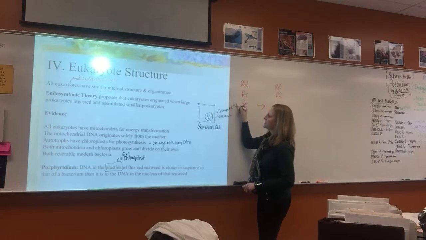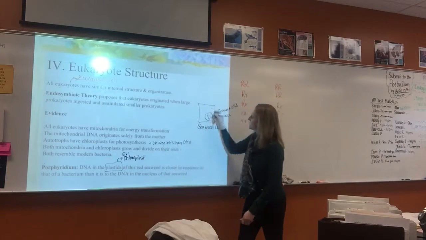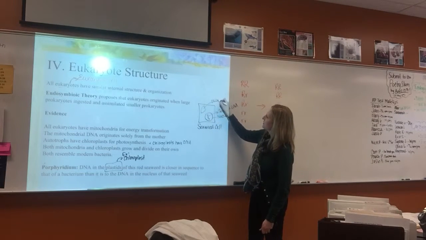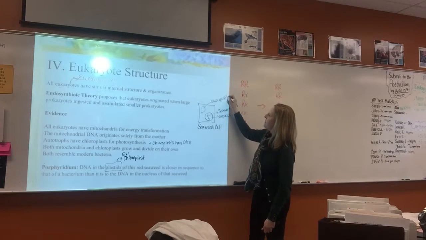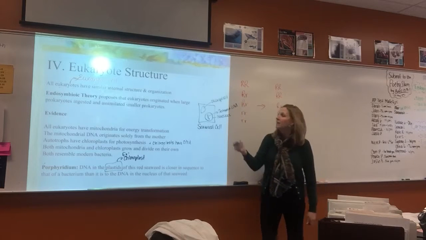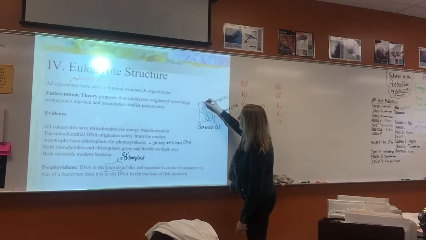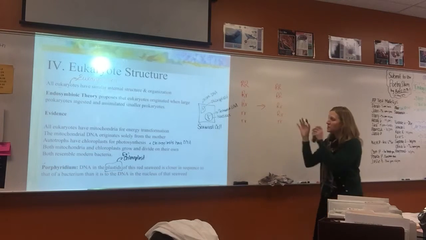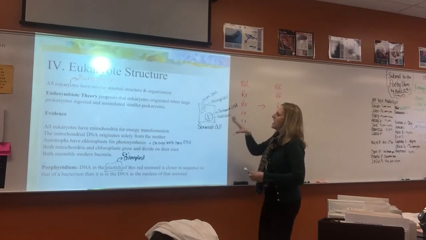But the seaweed cell also has these plastids, so I'll just draw a chloroplast here. And remember, what do chloroplasts have? They have their own DNA, right? So here's the chloroplast DNA. So this is what we're talking about here.